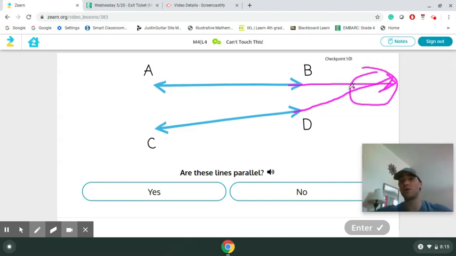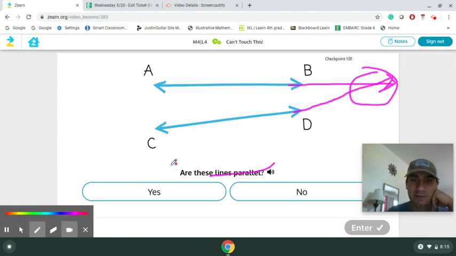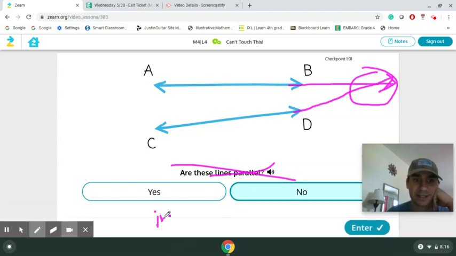And if at some point along their trajectory, if we think about where they'll be in the future, if they look like they will touch, then they are not parallel. Nope. They're what's called intersecting lines. Not perpendicular because there's no right angle here, but they're intersecting.